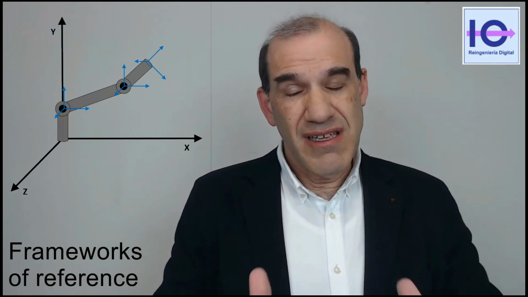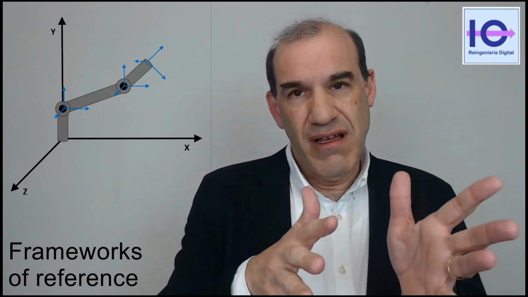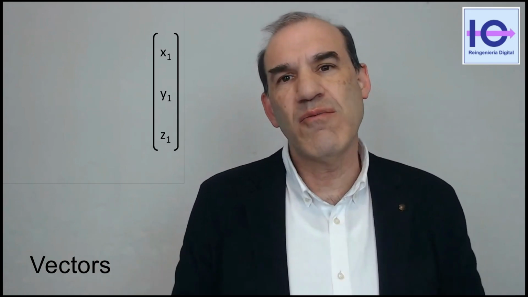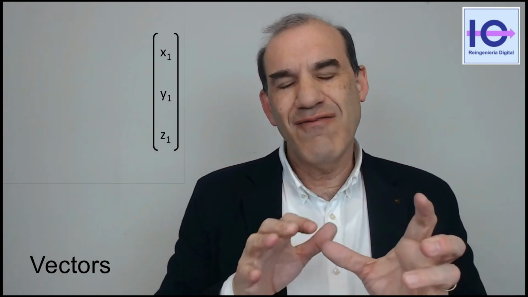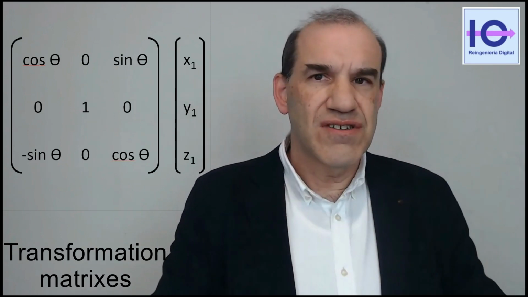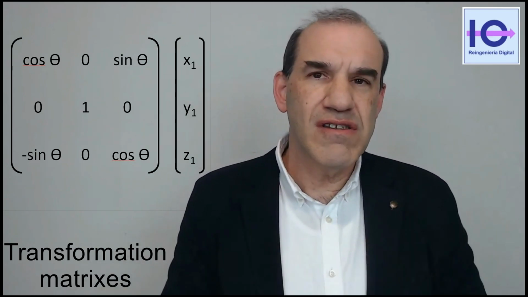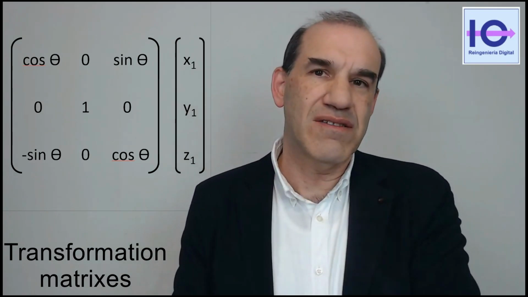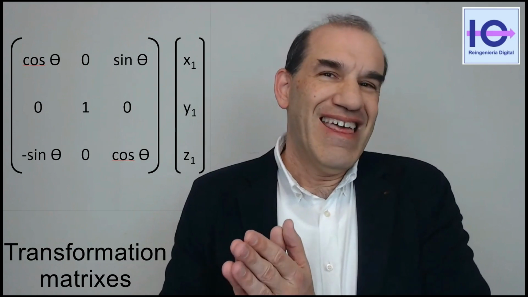You express the positions using vectors defined in that space defined by the frameworks of reference, and movements, let's say translations, rotations, are the result of applying transformation matrices to vectors. Well, there's a lot of complexity here, and I won't deal with it.